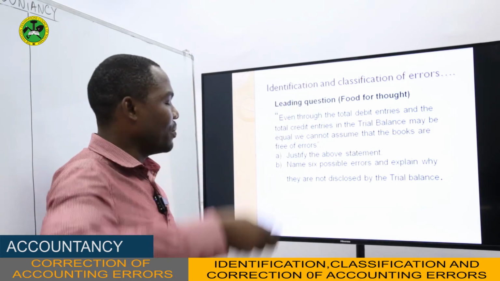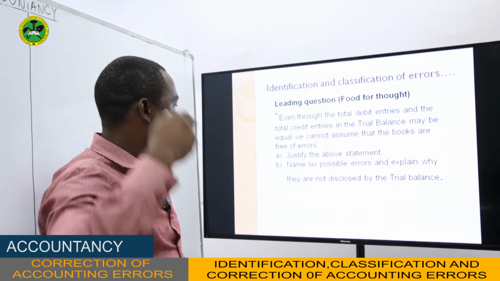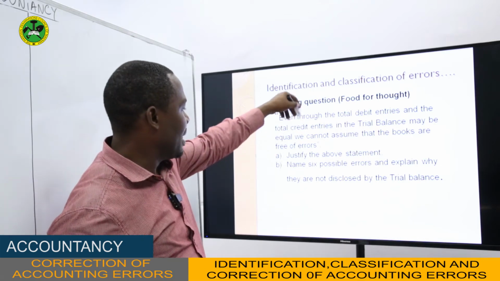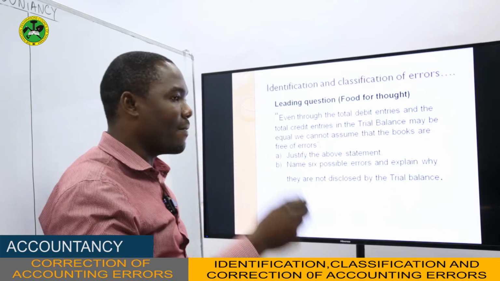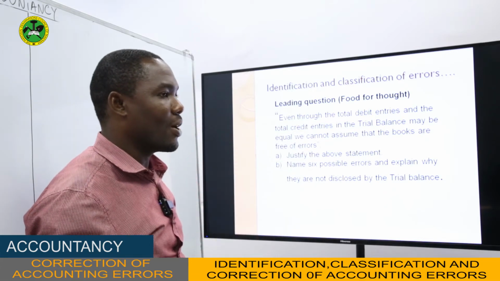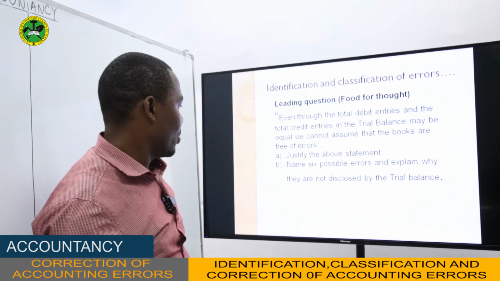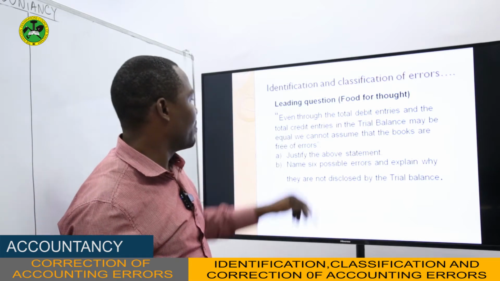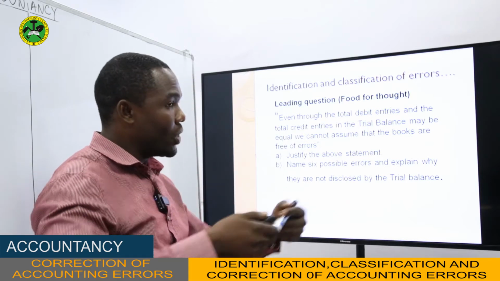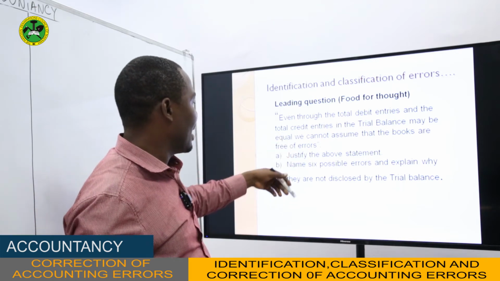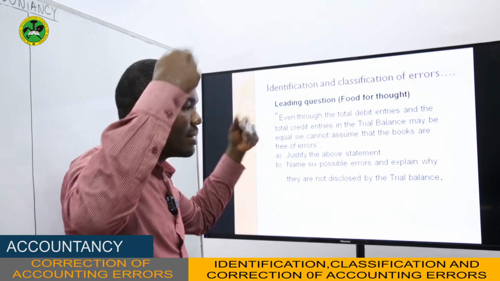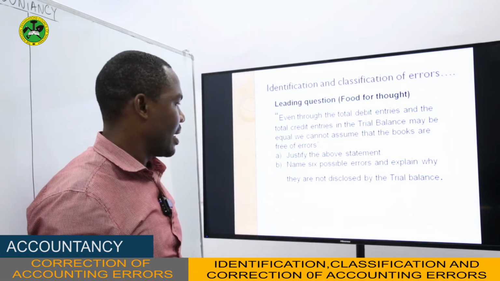And if you refer to the classification, this specifically concerns errors that do not affect the agreement of the trial balance. So how will you justify? You need to know what causes the trial balance to agree, and yet there are errors.